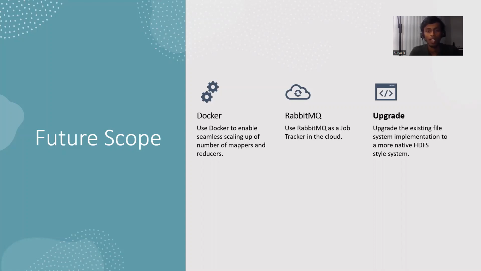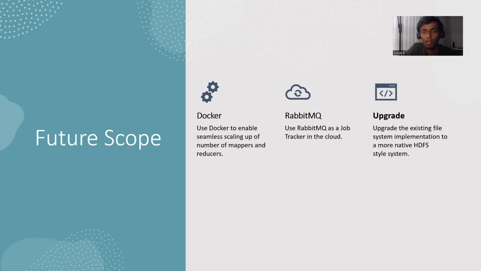So thank you, Madhesh. And finally, we have the next steps as part of this project. We could use Docker to enable seamless scaling up of the number of mappers and reducers, as in use real systems instead of just using threads. And then we can implement the job tracker using RabbitMQ.